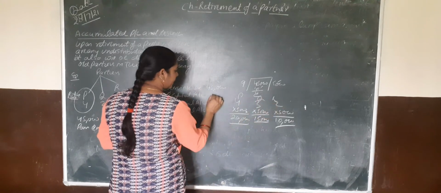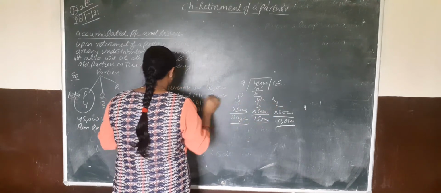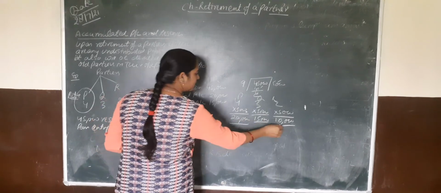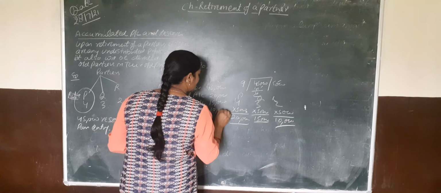P will take 20,000 rupees in reserve, Q will take 15,000 rupees, and R has taken 10,000 rupees.